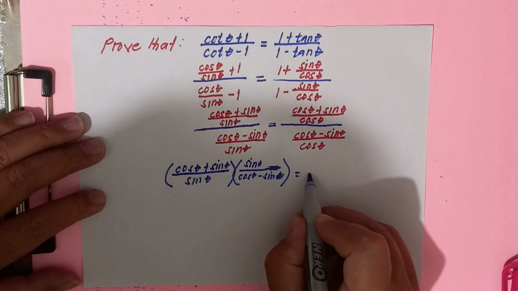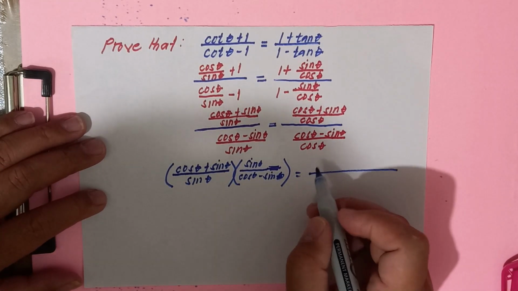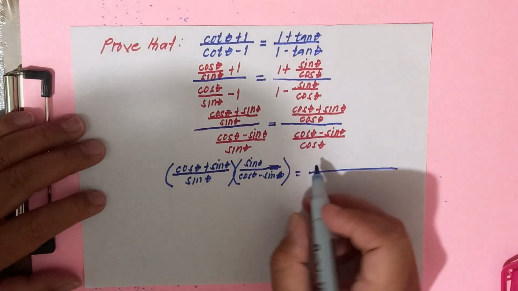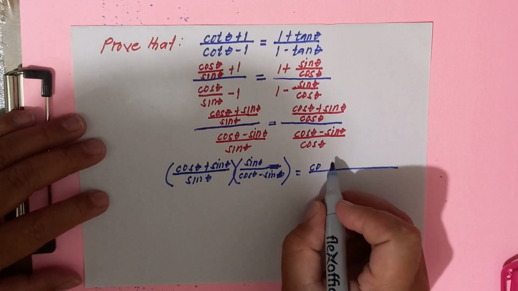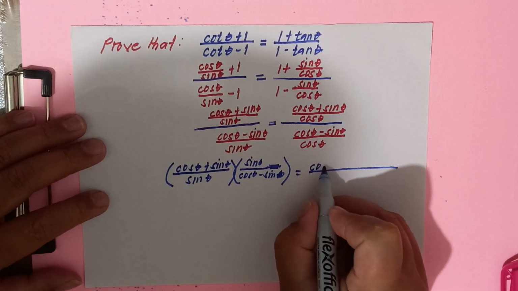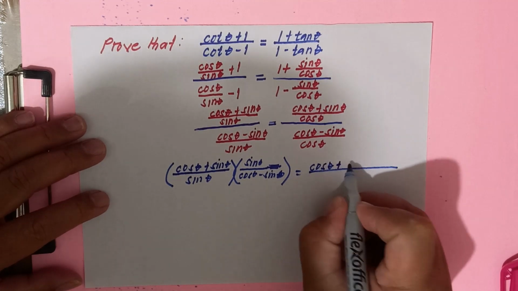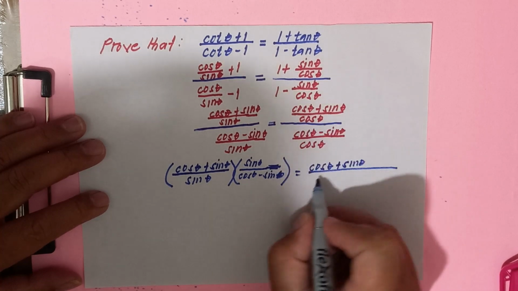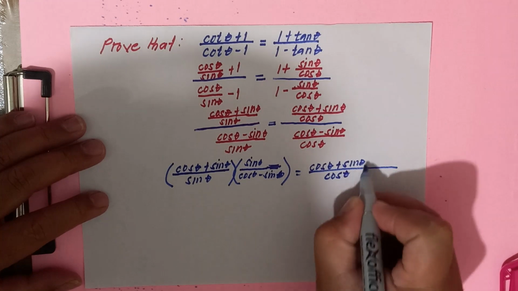And of course, at the right side, same. We get the reciprocal of the denominator. But first, copy the numerator. Cosine theta plus sine theta over cosine theta.